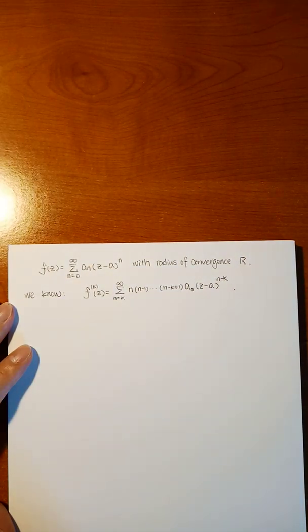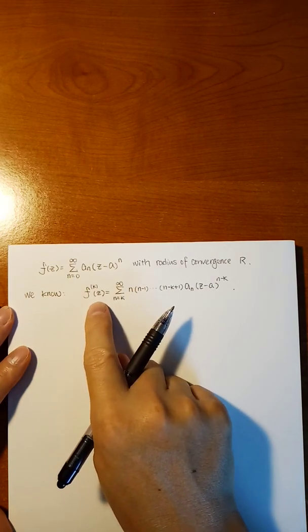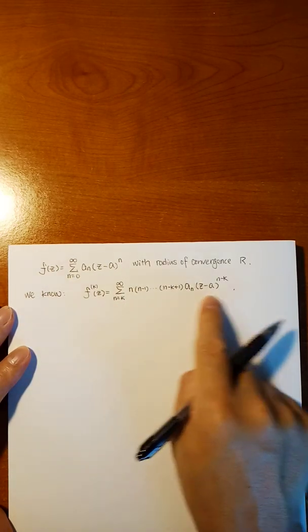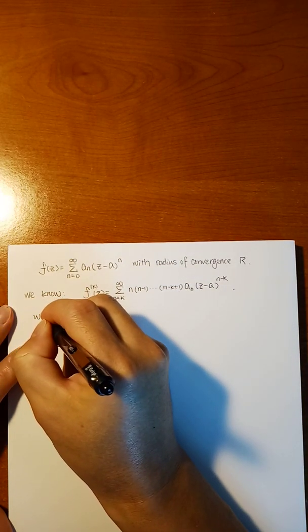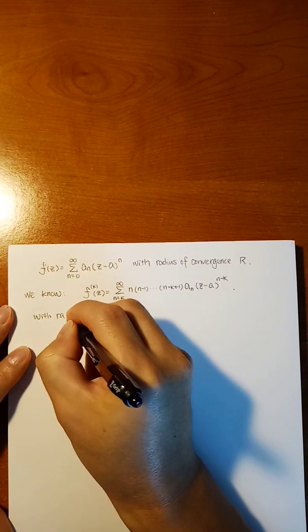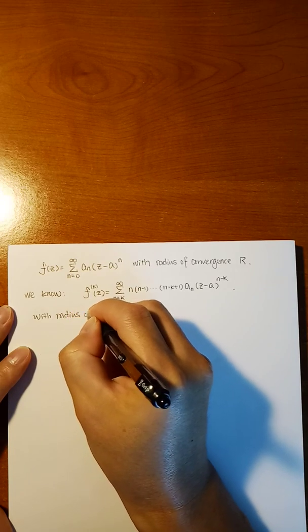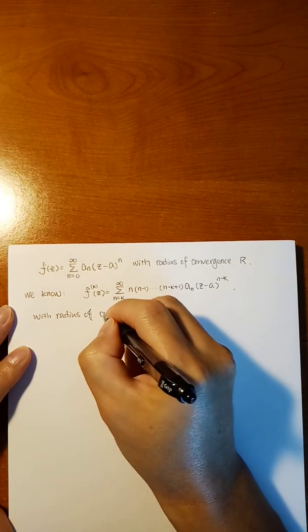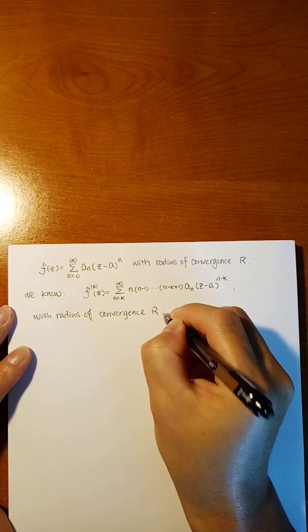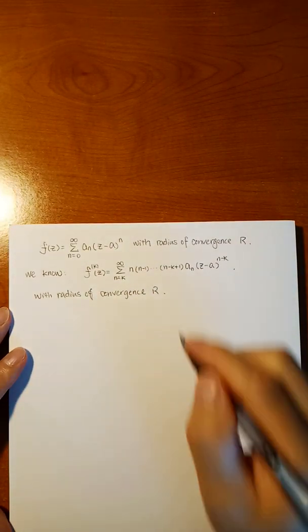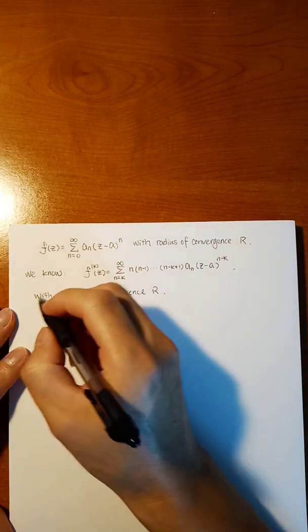So we know the derivative can be written as this power series with radius of convergence R, the same radius of convergence.